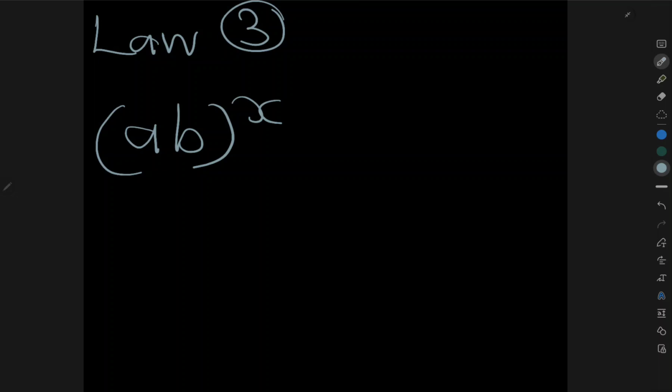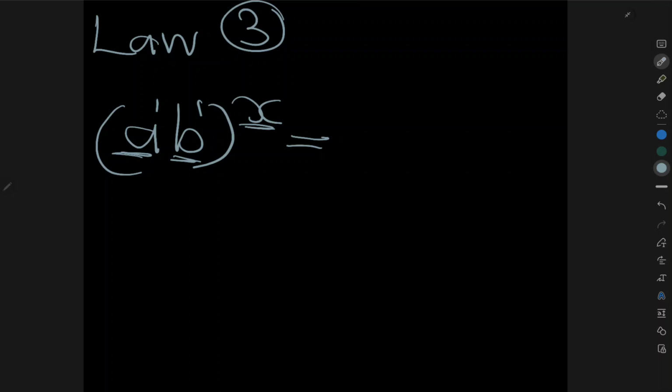So with the third law, let's say for example we have two different powers, right? In this case we have a to the power of 1 and b to the power of 1 multiplying each other, and outside the brackets we have an exponent that's multiplying what's inside the brackets.